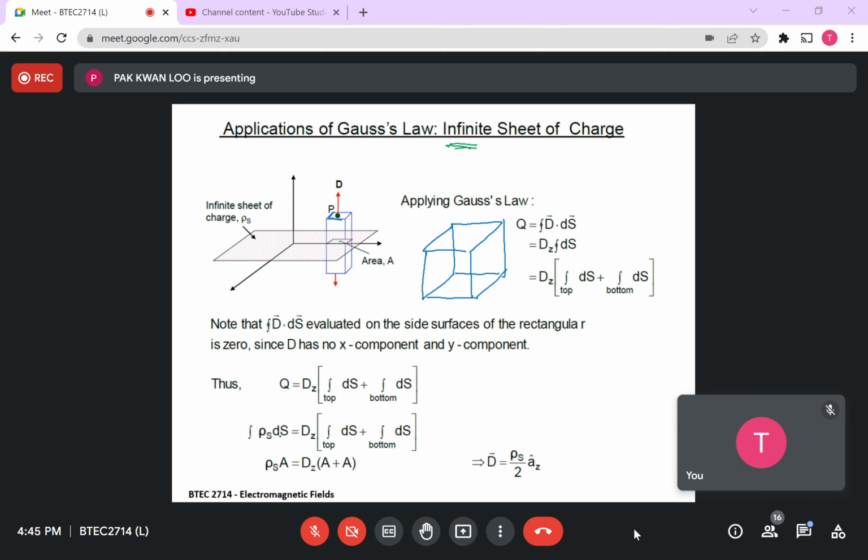D is perpendicular, coming out from the infinite sheets, so it is perpendicular to this surface. I'm just drawing one line. So what about this surface here?